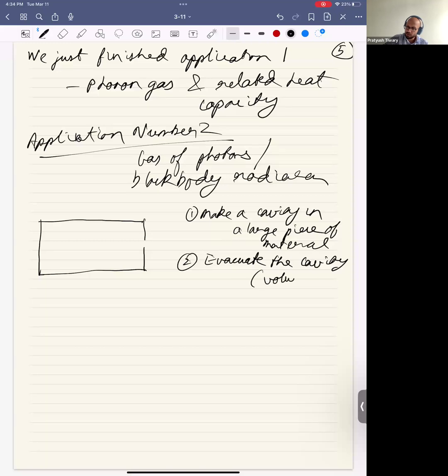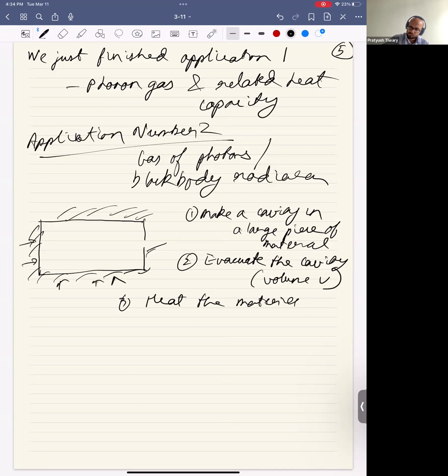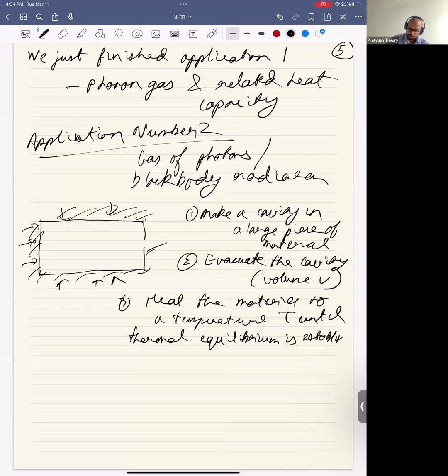And the cavity is going to have some volume V. Heat the material from outside to a temperature T until thermal equilibrium is established, and leave a very, very tiny void through which you can see what's going on inside. It's the tiniest possible void that you can have in the system.